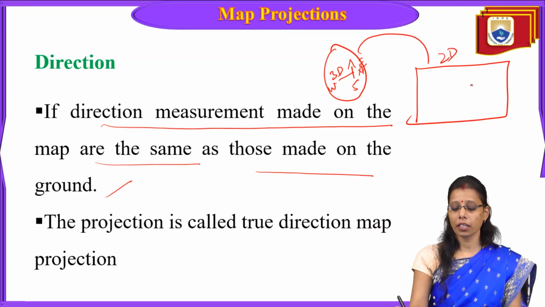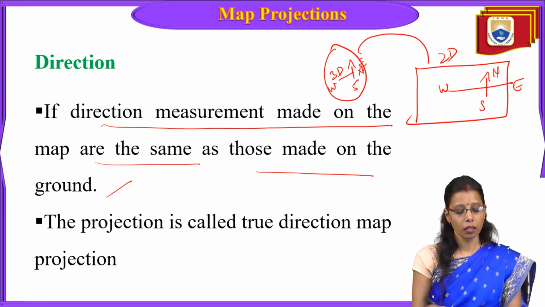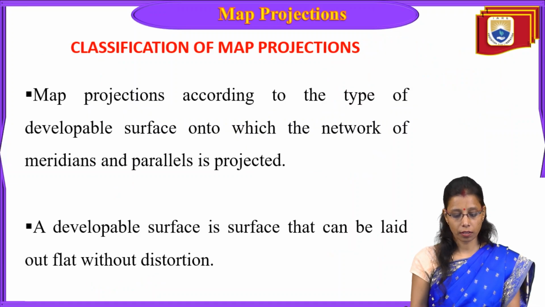Here it should be north, here it should be south, west and east. The same direction should be transferred from the real world 3D map to the 2D. Such a projection is called a true direction map projection. So we have equal area, we have equidistant, and now we have true direction map projection.